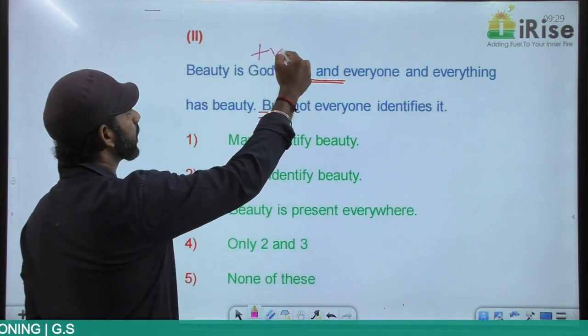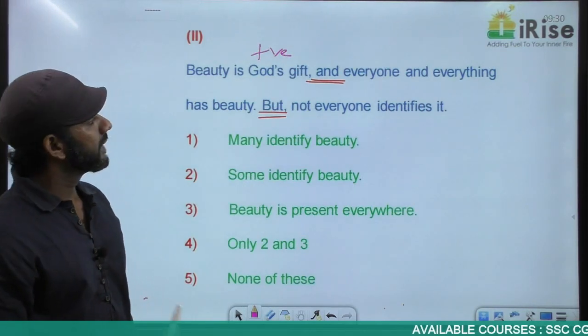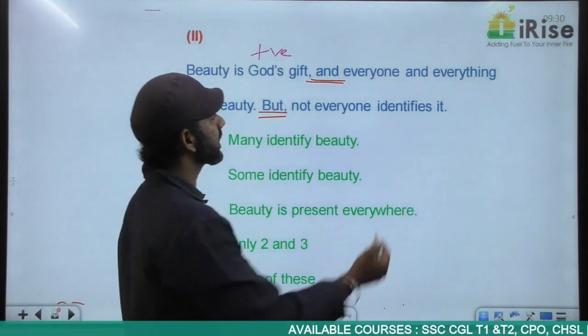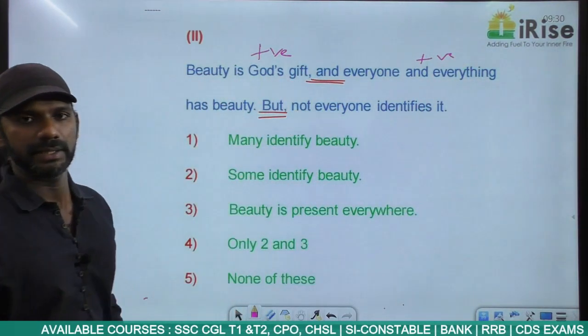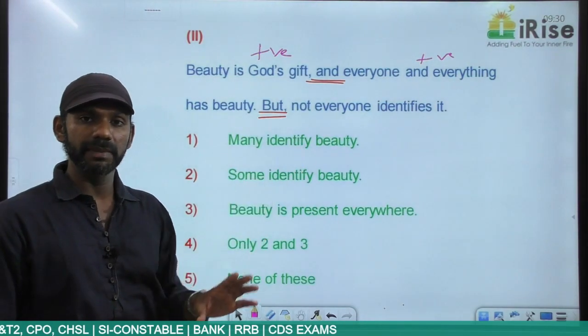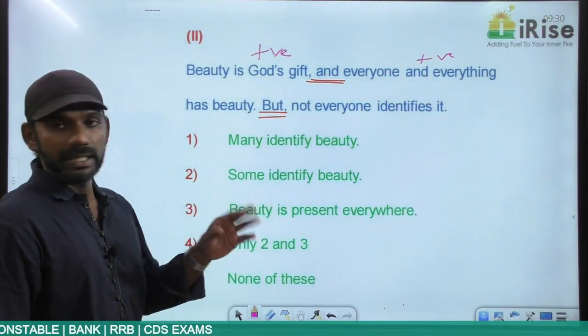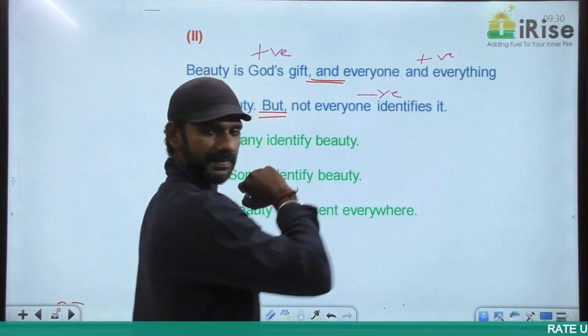The idea before and is positive, so the idea after and must also be positive. And everyone and everything has beauty must also be positive. But, contrast indicator. The idea before but is positive, so the idea afterward must be negative. But not everyone identifies it must be negative. Clear?